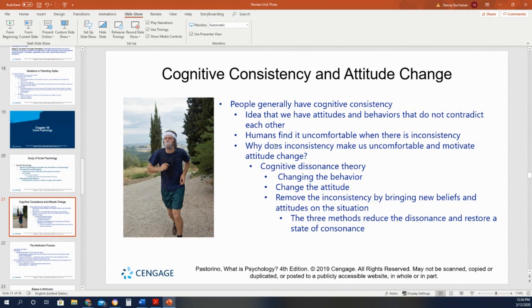So, cognitive consistency, let me get to my whiteboard. Cognitive consistency is when your behaviors equal your attitudes. So, if you, for example, like someone, you spend time with them.